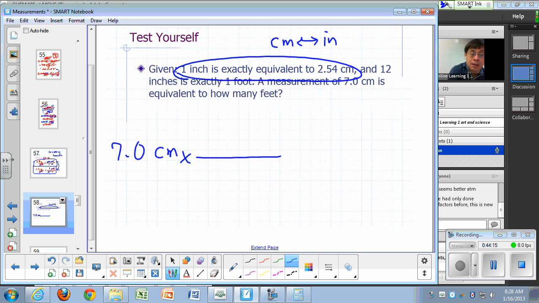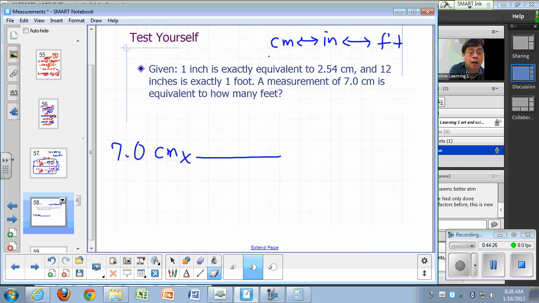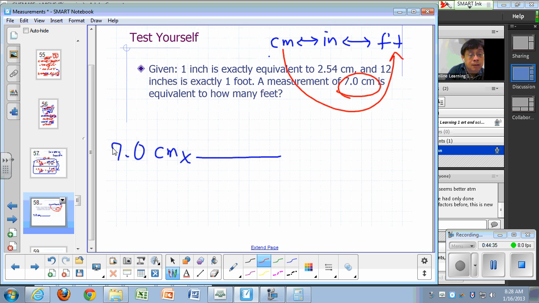And 12 inches in 1 foot, so I know I can convert from feet to inches or inches to feet. I have information given to me there. But the question is, if you're given the length in centimeters, how do you change it to feet? So you're going to have to do a two-step conversion here. What's the first step?